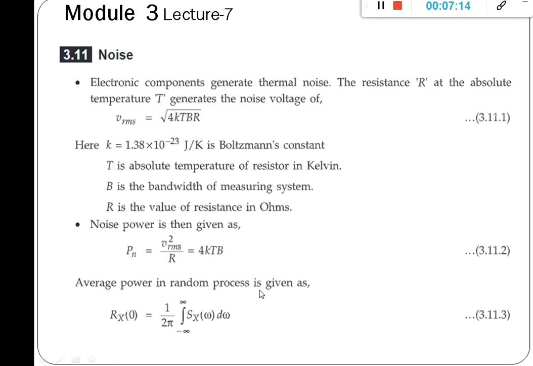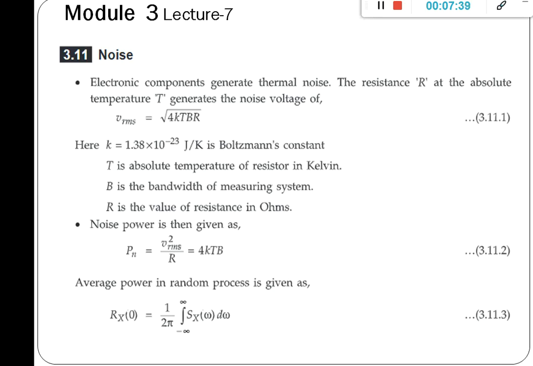The average power in a random process is given as Rx of 0, because noise is a random process. One cannot estimate the amount of noise generated by the system before it occurs. So we consider the noise in random processes, and certainly noise is a function of time. The noise is going to vary with respect to time.